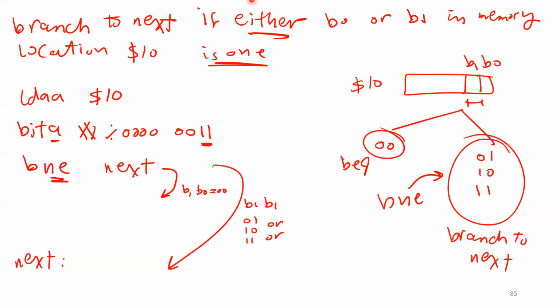Or I can do it in a different way. Look how I'm going to do it, guys. I'm going to look for 0,0. If this one is 0,0, that means you should not go to next. So 0,0 means it is equal to 0.